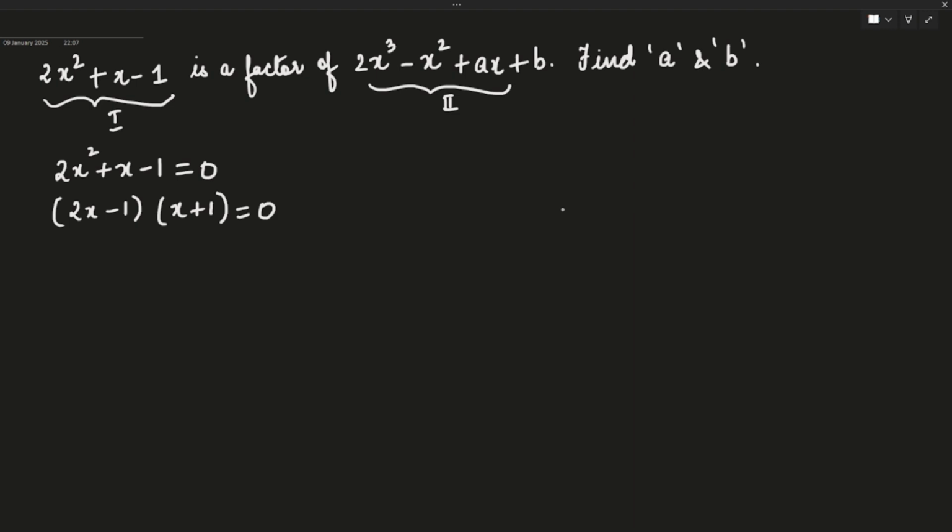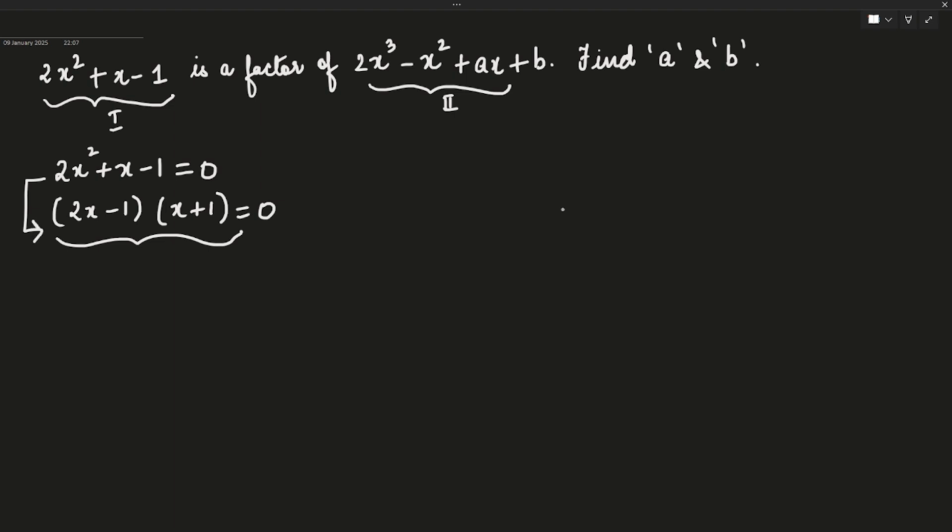If the first polynomial is a factor of the second polynomial, then these terms will also be factors of the second polynomial, because we have just written it in the form of its factors.